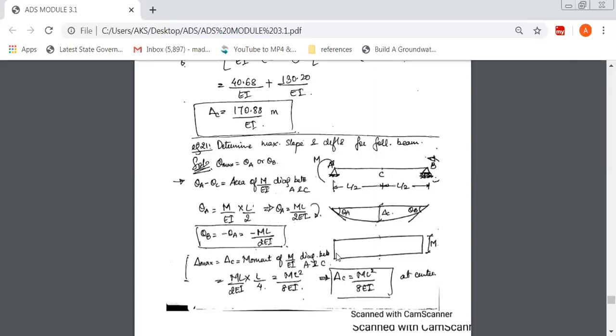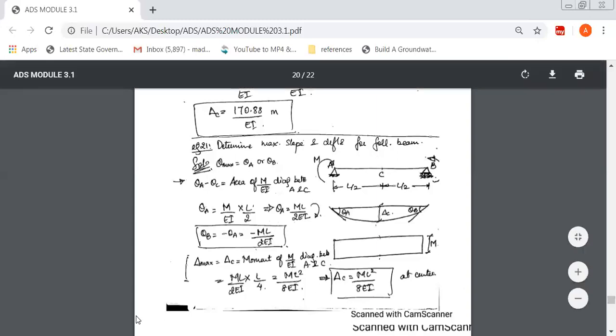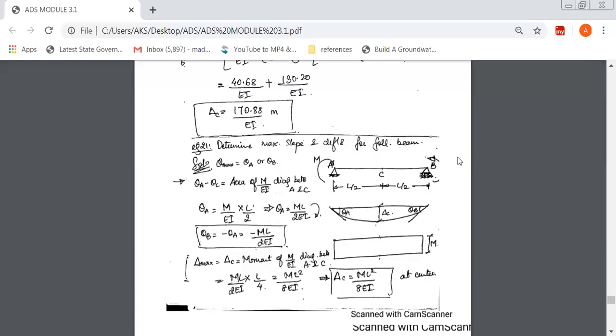This is plus M over EI. The same continues up to this portion, and it continues here. Again, with respect to C, on the right side of C there is an anti-clockwise moment, and right side anti-clockwise is positive. So this line continues. It's like a rectangular box. So this is the M over EI diagram, the bending moment diagram divided by EI.